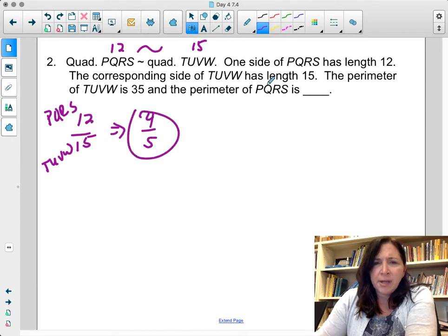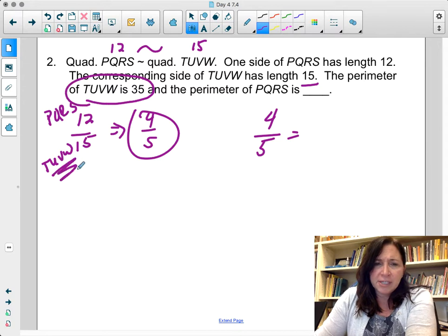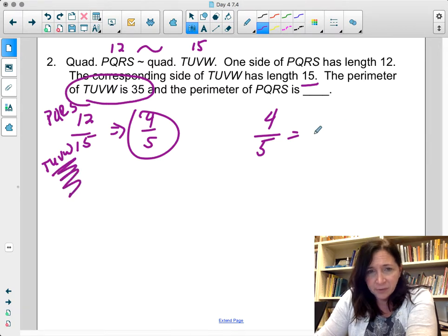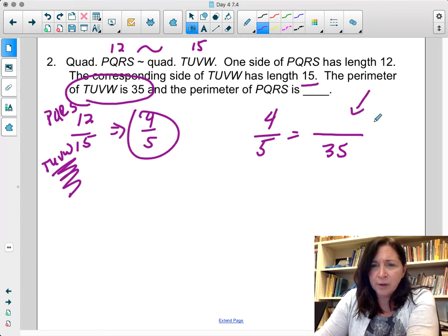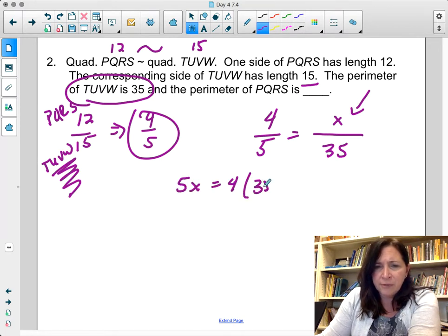Now the corresponding side has length of, oh, we already did that. The perimeter of, be careful. Here's 4/5. The perimeter of TUVW, remember TUVW is on the bottom, so that's going to go down here at 35. What's the perimeter of the top? So we'll call that x. We're going to multiply across. We're going to go 5 times x is equal to 4 times 35.